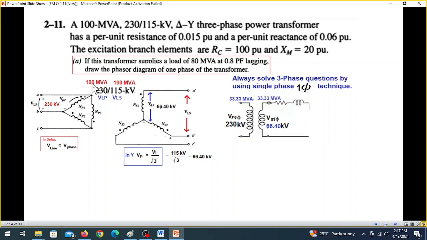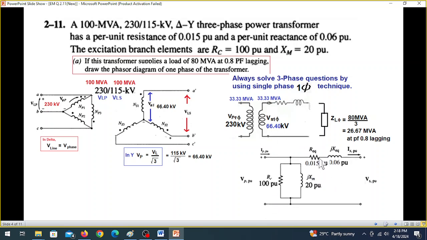So the power will be 100 MVA divided by 3, that means 33.3 MVA on the primary side and 33.3 MVA on the secondary side. And the load will also divide. The load here is 80 MVA at 0.8 power factor, so that will also be divided by 3. So it will be 26.67 MVA, and the power factor will of course remain the same.